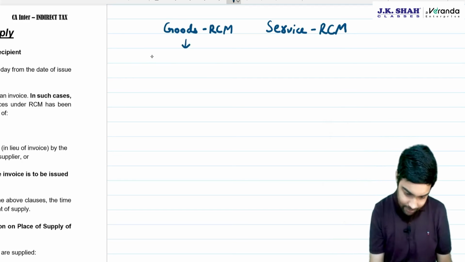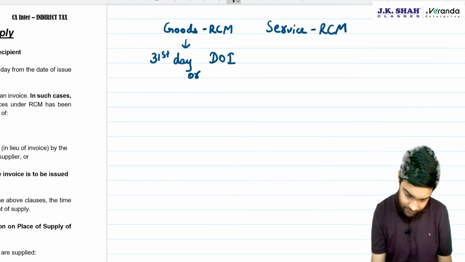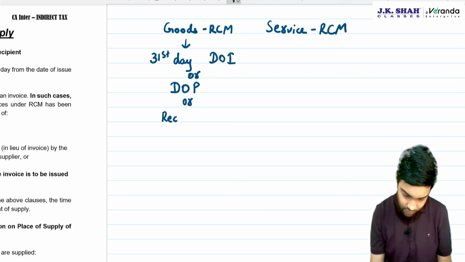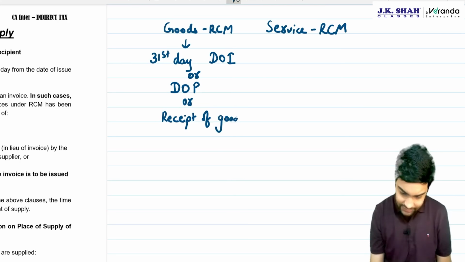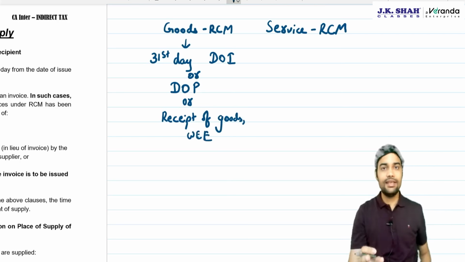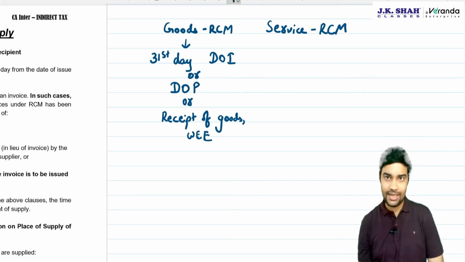See, goods under RCM: 31st day from date of invoice or date of payment or receipt of goods, whichever is earlier. Correct. This was the time of supply.